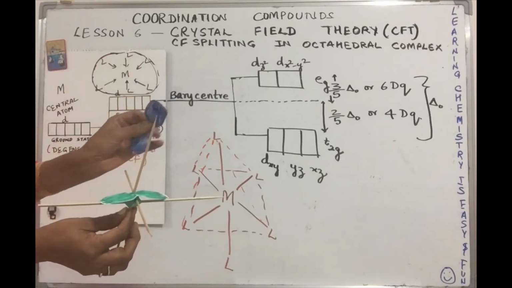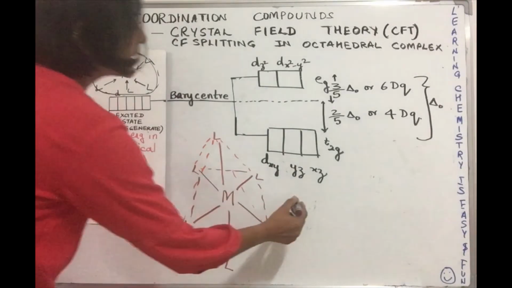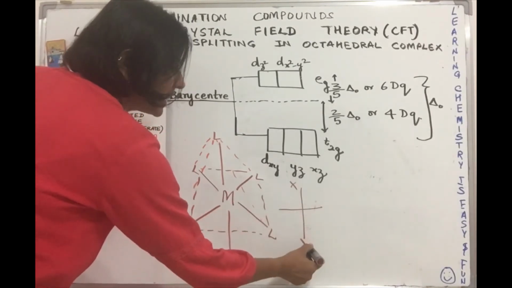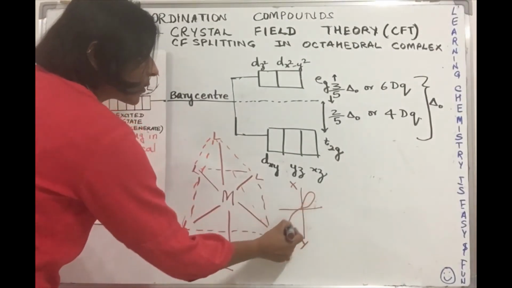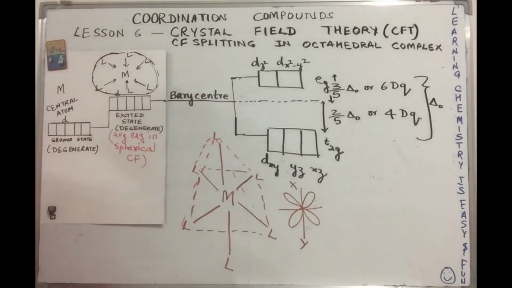There are 3 of them and this is how we represent it diagrammatically. If we have these axes x and y, my dxy orbital is like this.